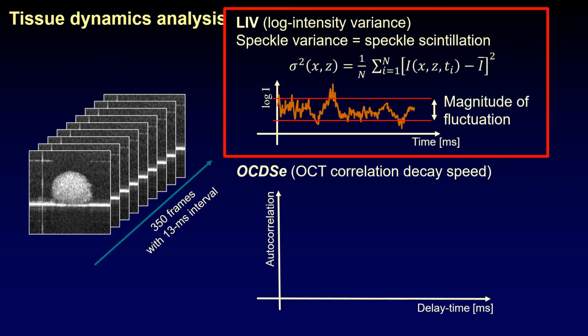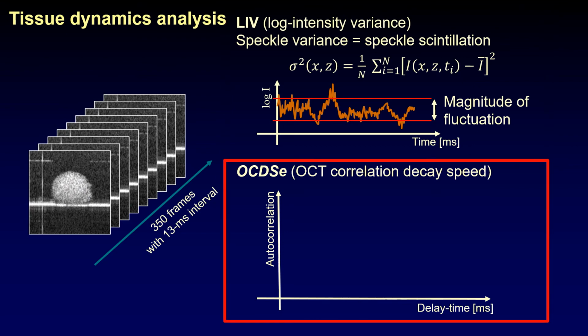So it might be associated with the magnitude of an intracellular motion of the sample. The second quantity we computed is the OCT correlation decay speed, OCDS. It's the decay speed of the autocorrelation function of the OCT signal along the depth. So if the decay speed is fast, it indicates fast movement in a tissue or in a cell.